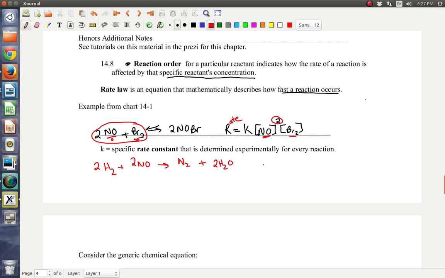And the rate law for that would be, or the rate equation is R is equal to the constant again times the concentration of the reactants, hydrogen, and times the concentration of the nitrogen monoxide. This time the nitrogen monoxide is squared. Okay, now I'll change the color so you can see this. Notice there are 2 moles of hydrogen in this equation, but there is not a 2 up here.